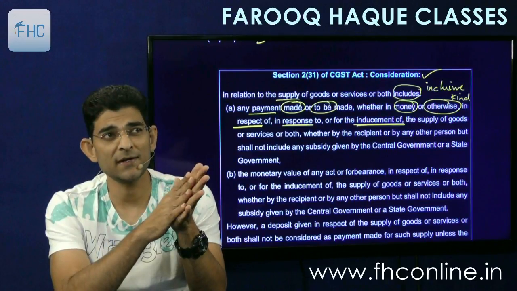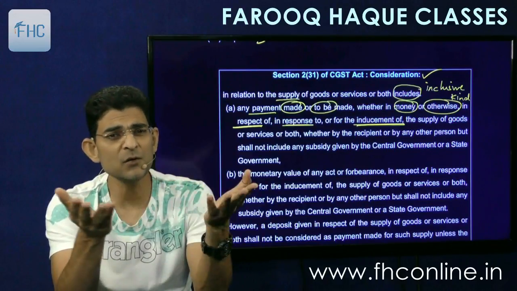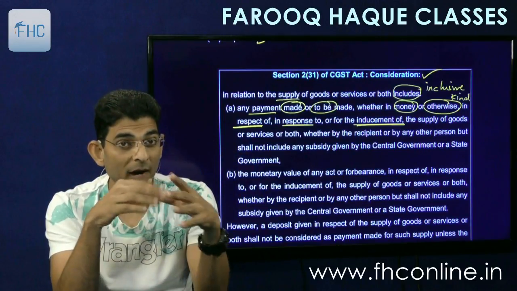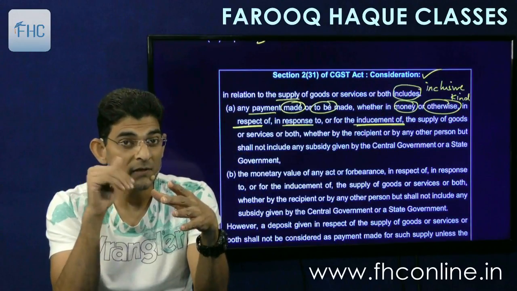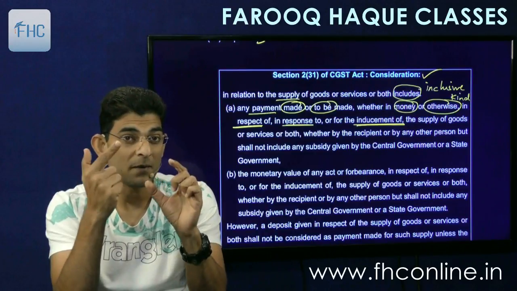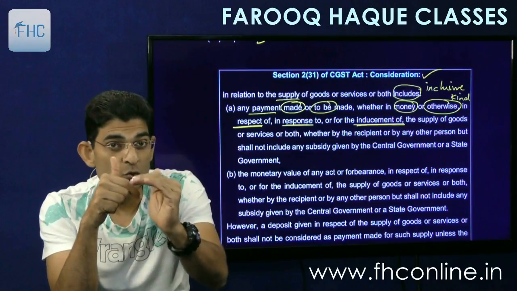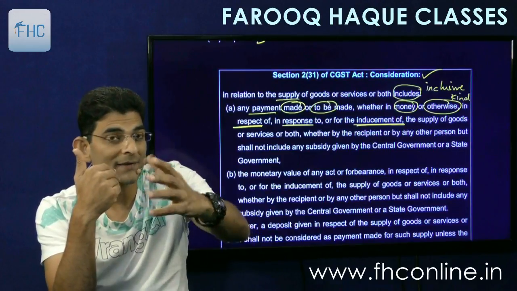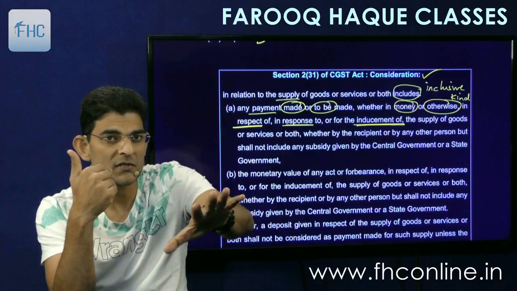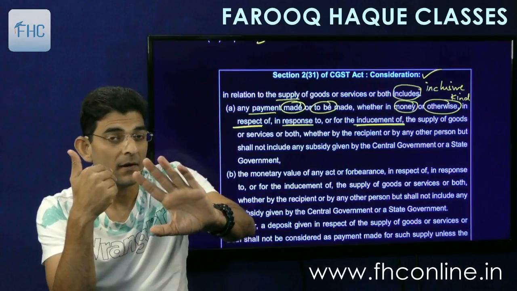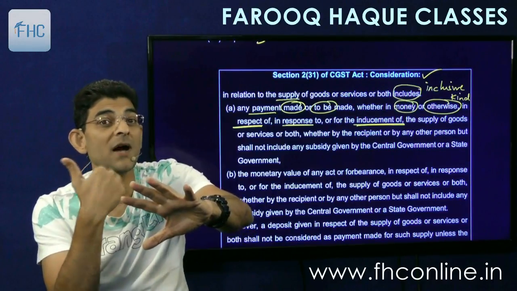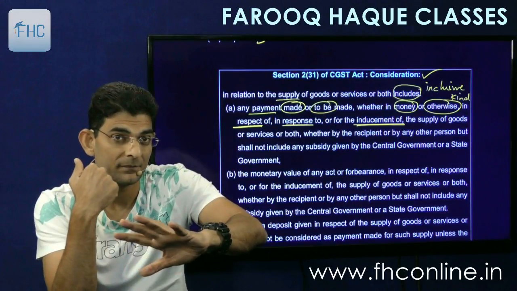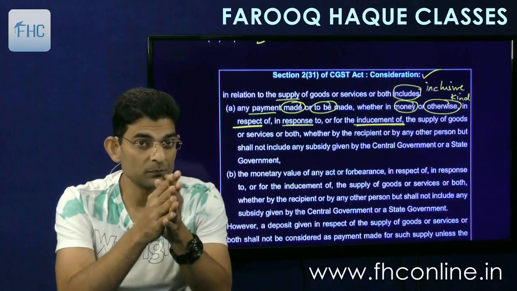If I decide to reject, I'll return the goods to you. But if I decide to approve, I will make a payment. So that payment is called payment in response to supply. In response means you give the goods. At that time the price was not decided, nothing was decided, there was no obligation to pay, but afterwards I pay. So in response I am paying. Okay, so in response to.